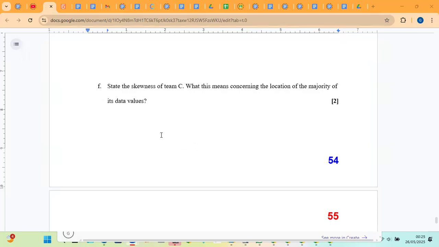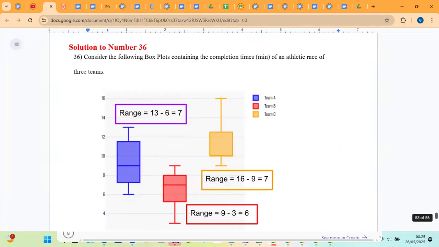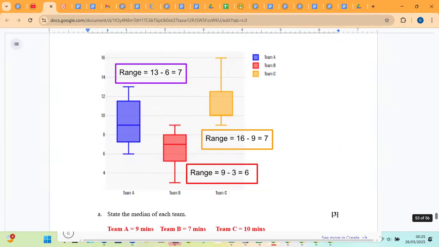Part F says to state the skewness of team C and what this means concerning the location of the majority of its data values. So let's take a look at team C. Actually, these are the highest set of values there and the lowest set of values there.